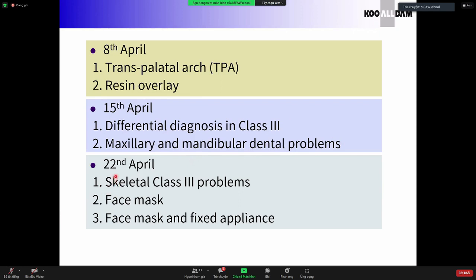And on the 22nd of April, we'll discuss skeletal class 3 problems and face mask, and also face mask and fixed appliance treatment.